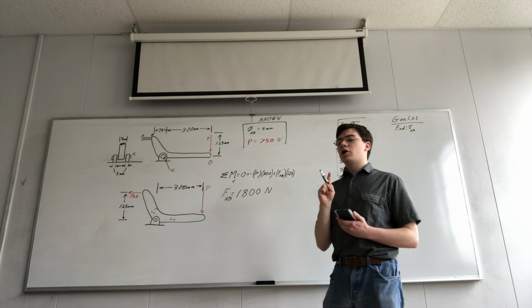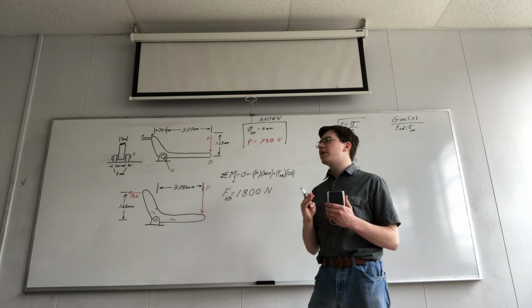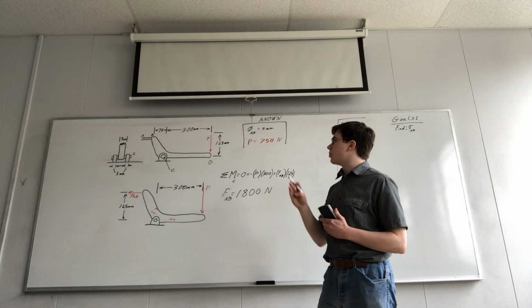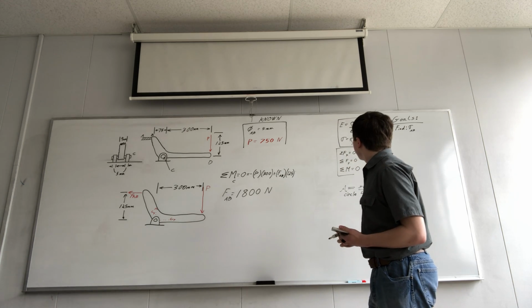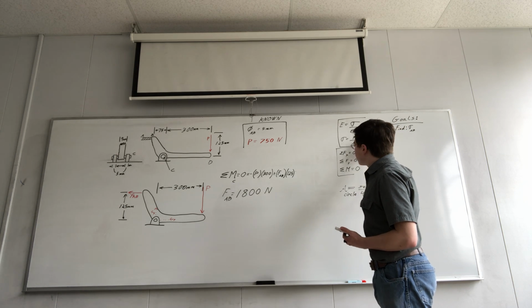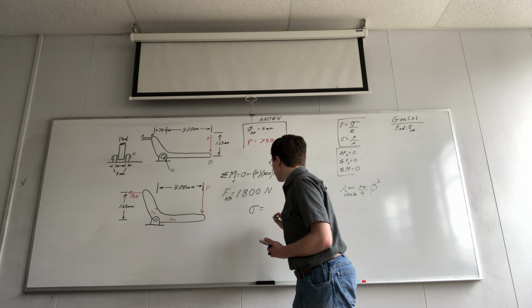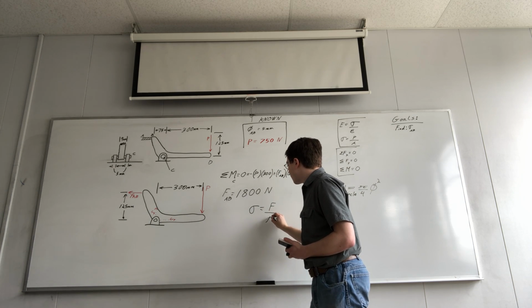Now, remember, in our strength of materials, we need to find the stress on rope AB. How do we do that? Back in strength of materials, we were given this formula where stress is equal to the applied force divided by its area.